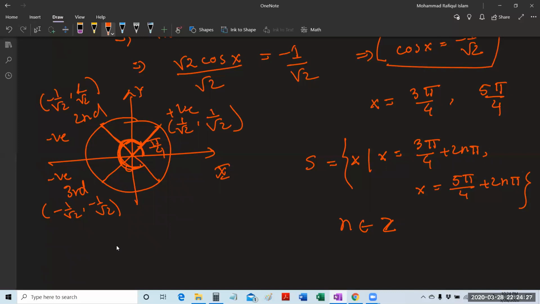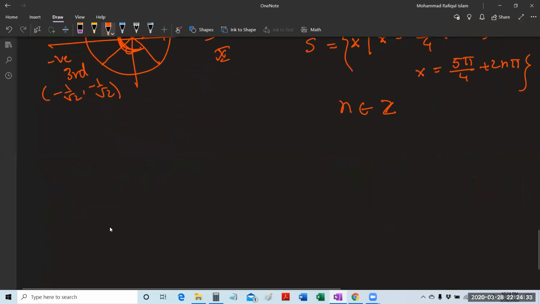Let's solve one more problem, and that's the end of this section for now. Problem 3: 8 cot twice x minus 5 equals 3, and we have to solve this on 0 to 2 pi.